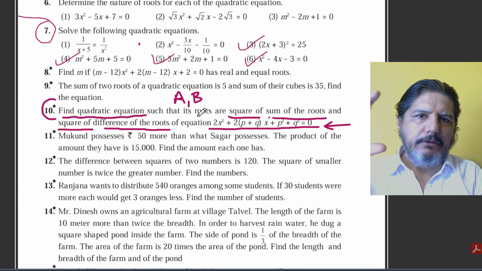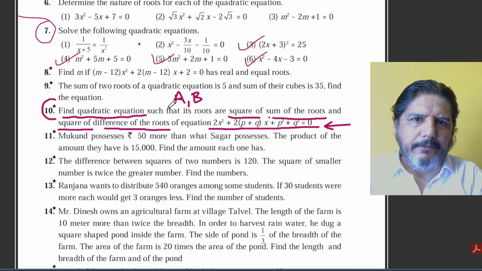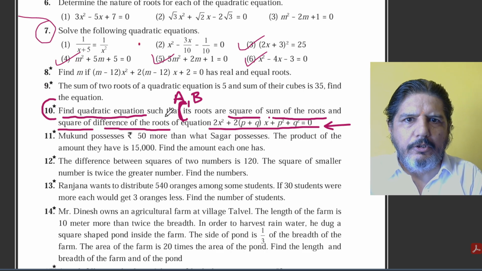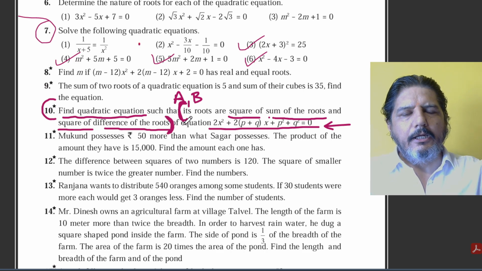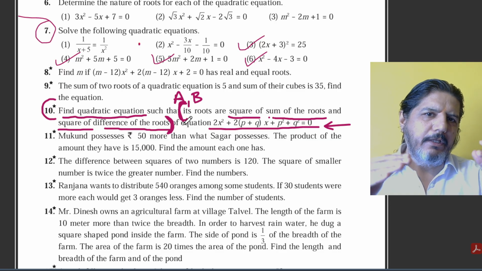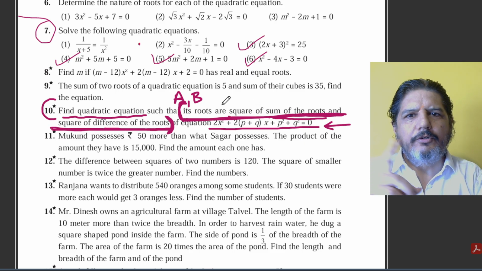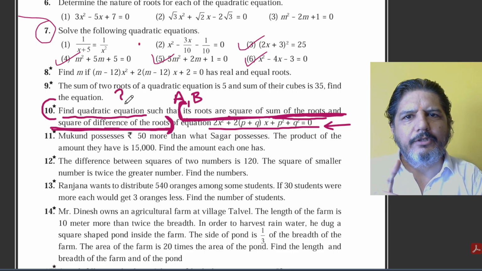Now, the condition of the roots of the equation that we have to find, from here to here, its roots are square of sum of the roots and square of difference of the roots. So in this part of the line, they are giving us the condition which will satisfy the quadratic equation that we have to formulate.